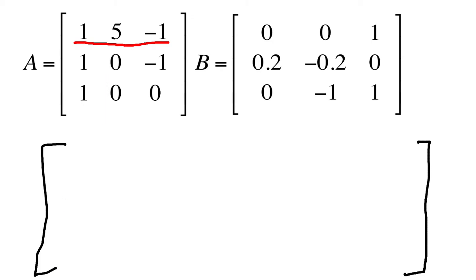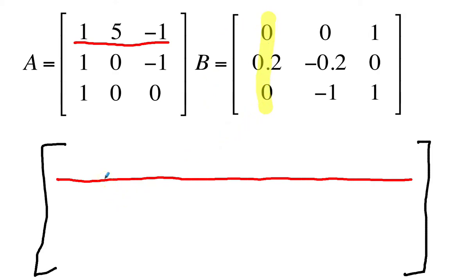And row 1, I'll just put it in red. Here's row 1. And I'm going to start off by multiplying row 1 times column 1. So that's going to give me this element, row 1 times column 1.